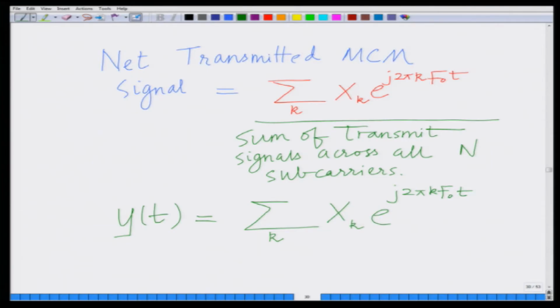I am taking the signal across each subcarrier, I am adding up these transmit signals across the different n subcarriers, and therefore, I have some summation x k e raised to j 2 pi k f naught t, right.